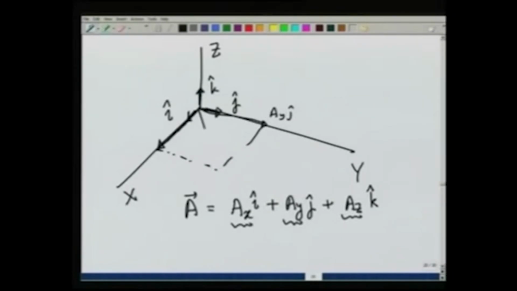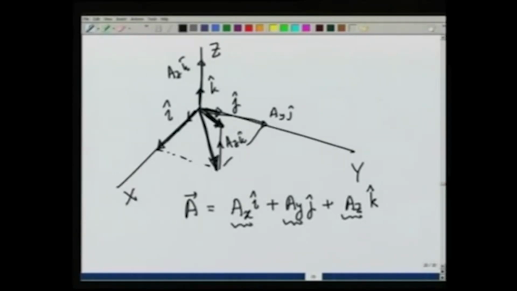This will give me a x i plus a y j, and on top of it we will add say a z k. I move it here parallelly. So, the net vector A would be something like this. This is a z k.